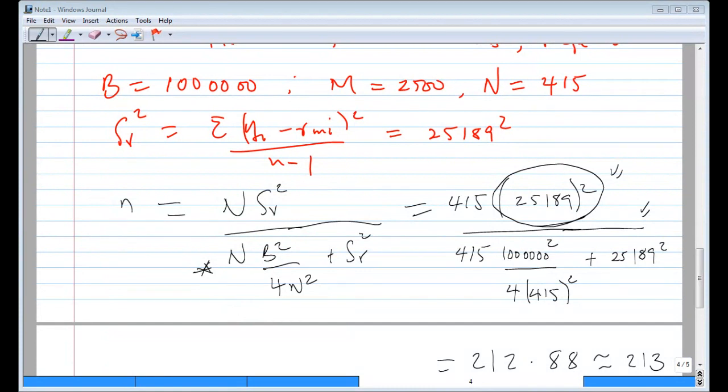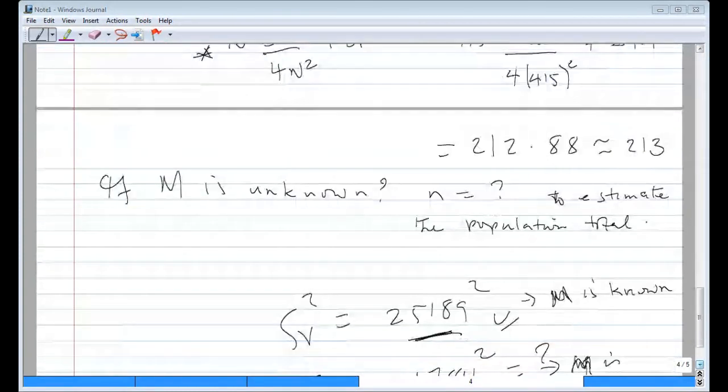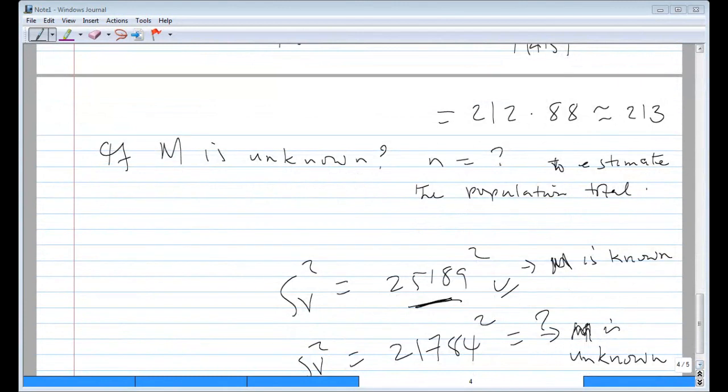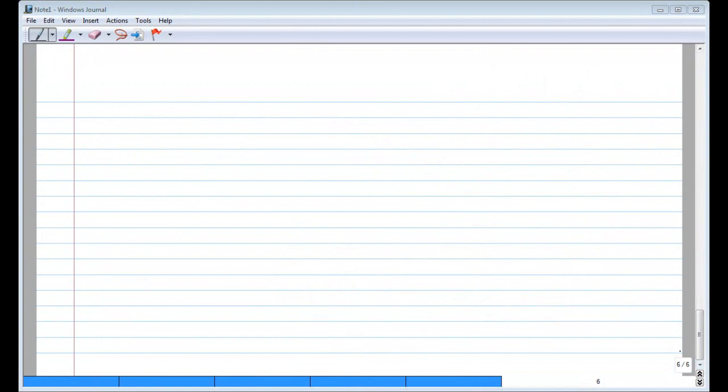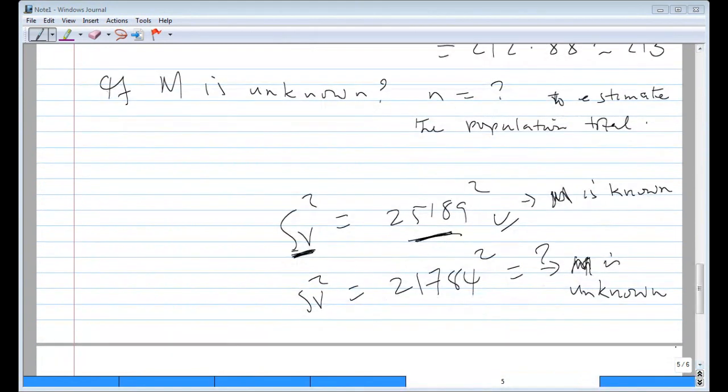But in this case, for M, for the total, we don't have M at all. So we don't have to estimate anything. So in this case, if M is not given, we don't have to use the sample variance, which is this one up there. So we use the sample variance of the income, because we don't have M at all.